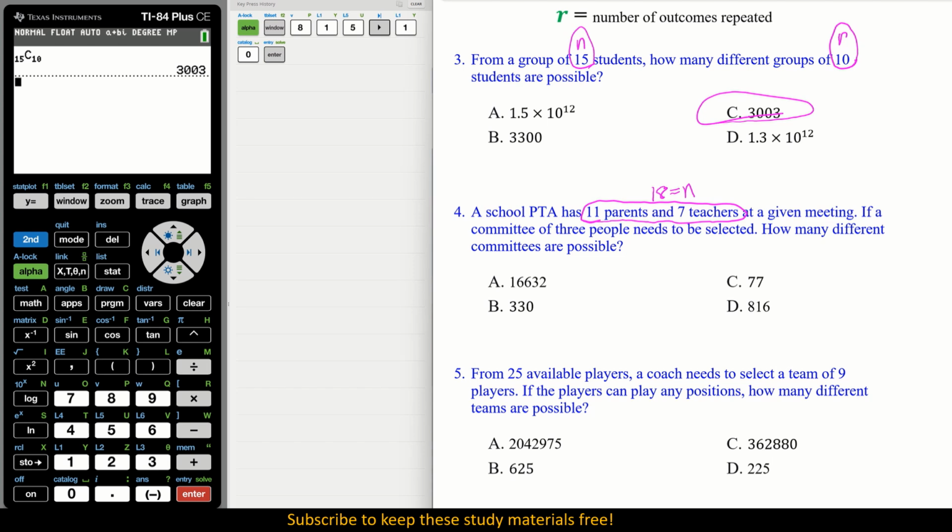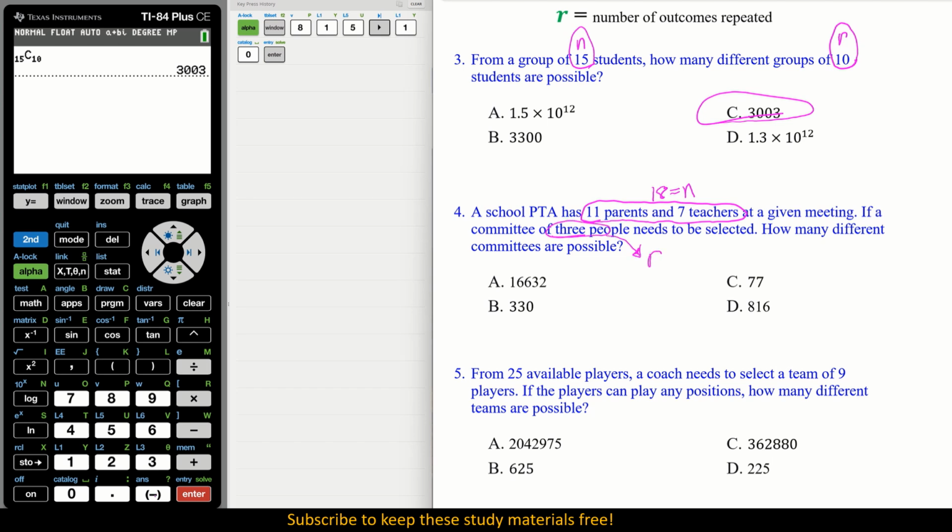Now, a committee of 3 people, really what we're doing here is forming a smaller group out of a larger group, and nowhere does it say that the order matters. So our R is going to be this 3.